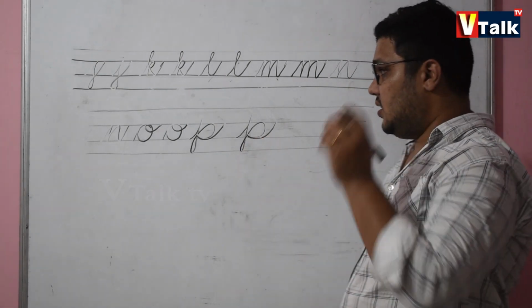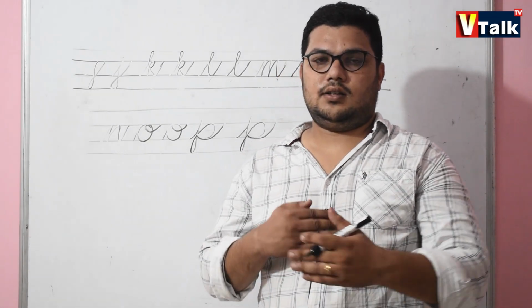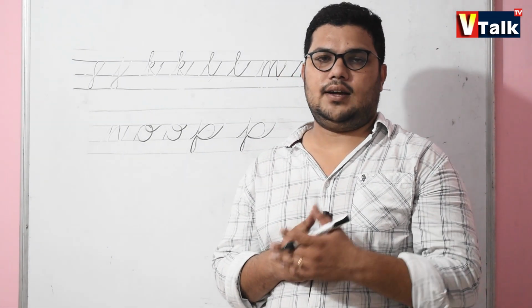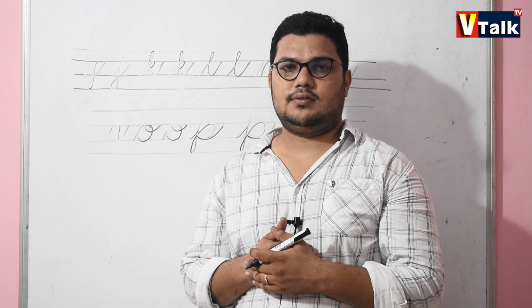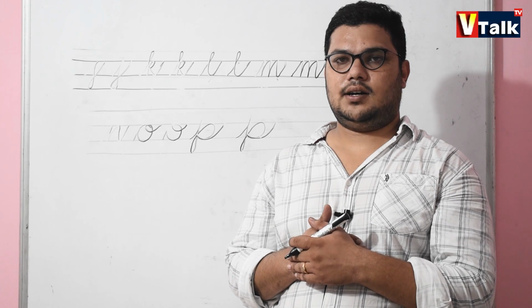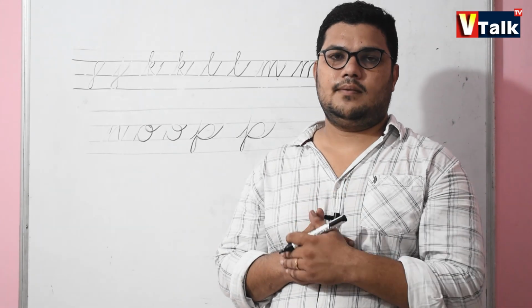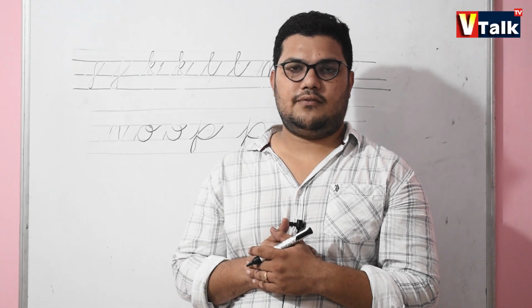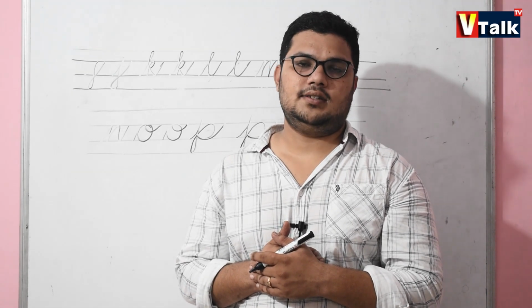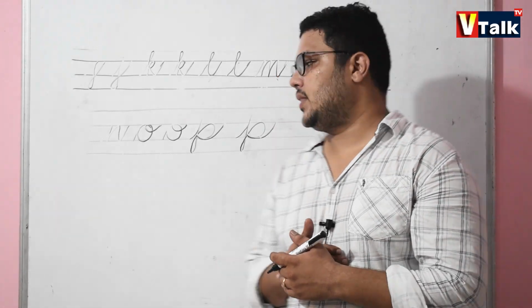Next, the letter in cursive is Q. The Q type is very odd, which I have said earlier. This Q is present in Cambridge books, so once you go and refer, don't worry. It will be very beautiful if you write Q like this.